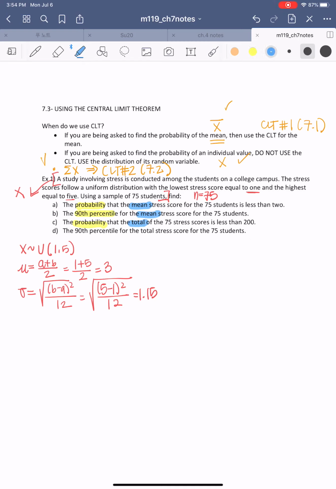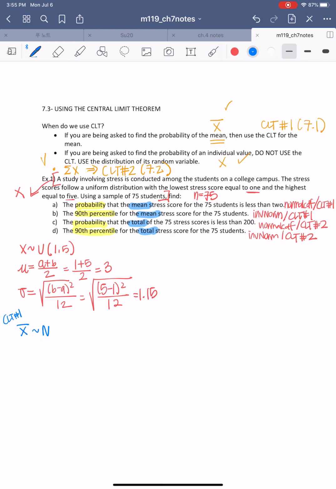So let's do X. I'll use a different color. X bar, that's CLT number 1, right? It will always be normal with the mean of our X, and then the standard deviation is sigma over square root of n.